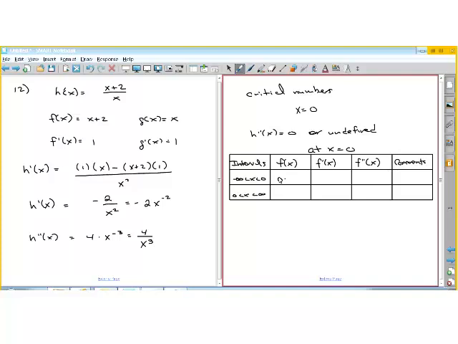As far as the value of the function, I'll put UND for undefined, and that's because there's a vertical asymptote at x equals 0.